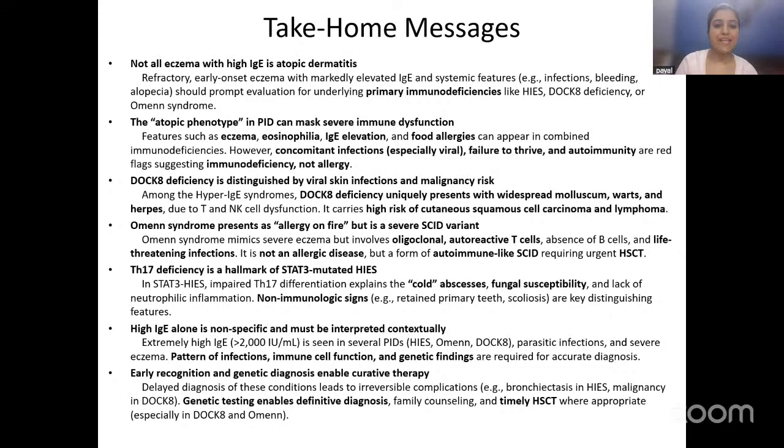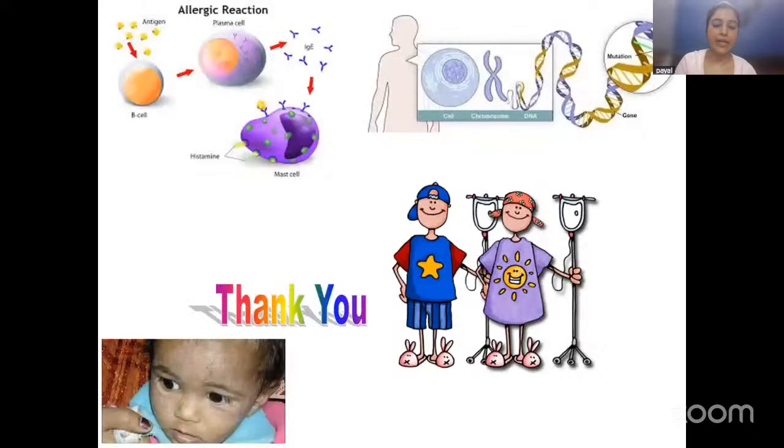Omenn syndrome presents as allergy on fire, but it is actually a SCID variant and it may present with life threatening infections. High IgE alone is non specific and must be interpreted contextually. That is very, very important. And early recognition and genetic diagnosis enable curative therapy. Thank you very much.